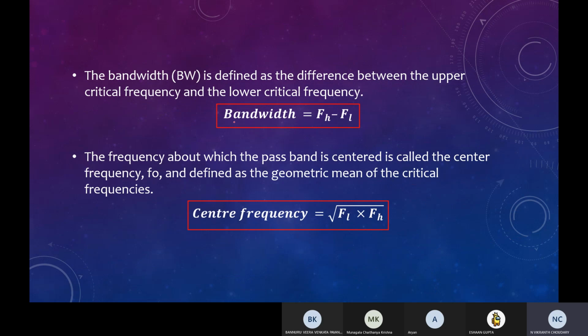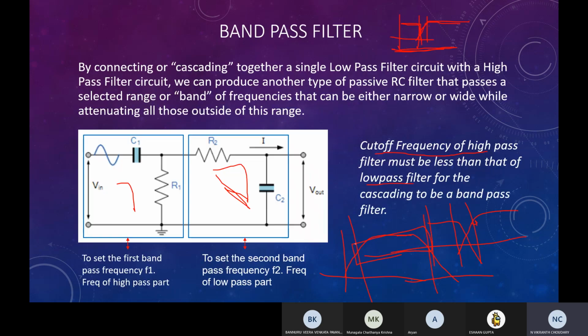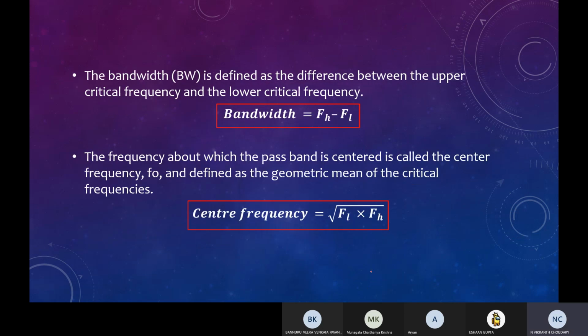Bandwidth is defined as the difference between the upper critical frequency and the lower critical frequency. So over here the bandwidth would be this minus this. The range where the gain would be significant, or where the filter allows the input to pass through, is called bandwidth. And the center frequency is the square root of FL into FH.